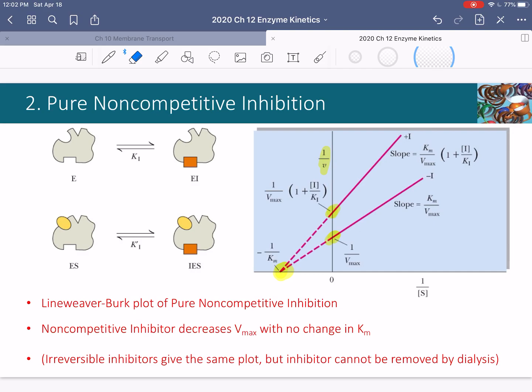And so if your enzyme is binding and dissociating with the same affinity, then your Michaelis constant, Km, is not going to be changing. So that's why Km isn't changing, because your enzyme inhibitor is not interfering with the ability of the enzyme to bind its substrate.